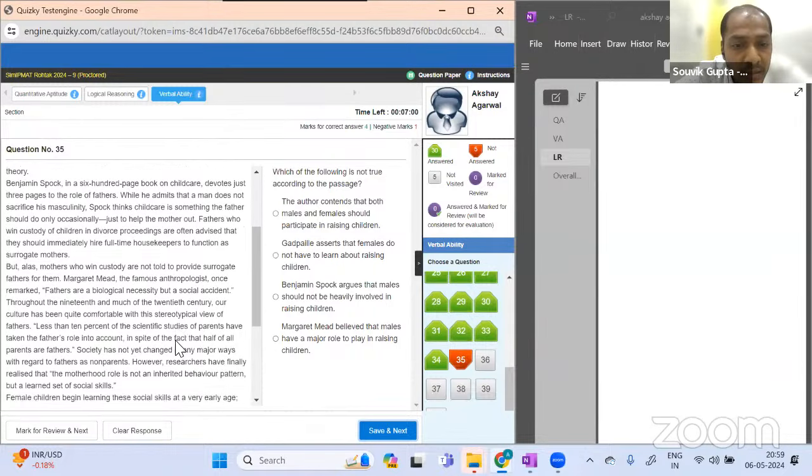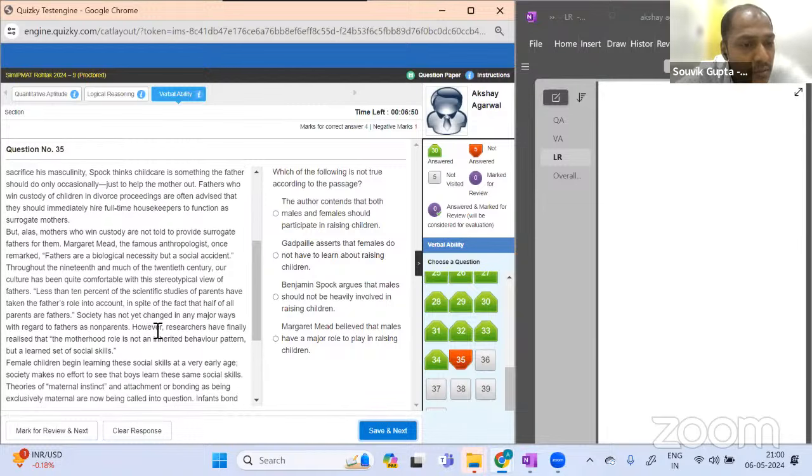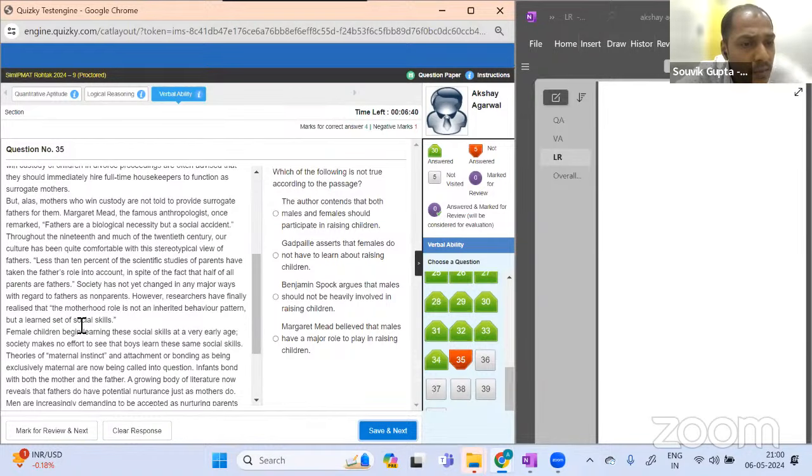Mead believes that males have a major role to play in raising children. But isn't intervention. Isn't intervention scientific studies. So most of the way good research and really not.